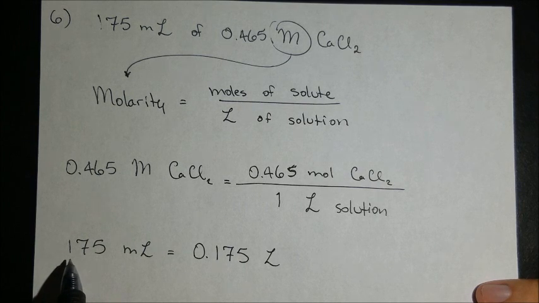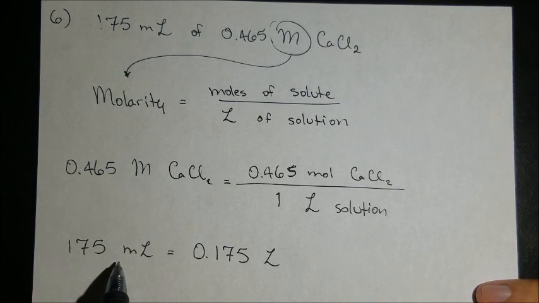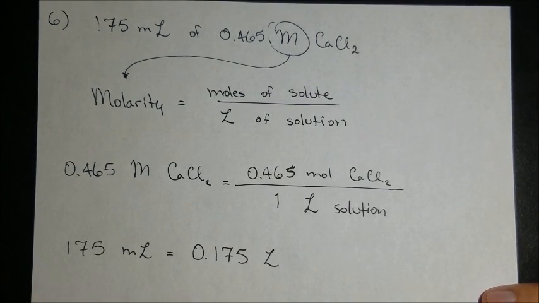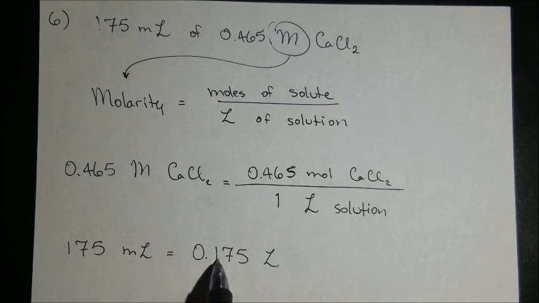So I just multiply by that unit conversion, and I would find that I have 0.175 liters. Hopefully you remember that. I just assumed that was something you would remember. Anyhow, so now we have only 0.175 liters instead of a liter.